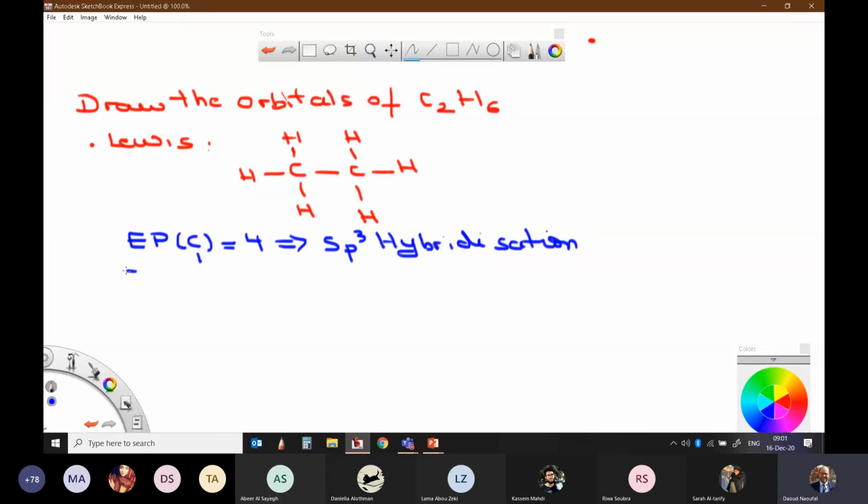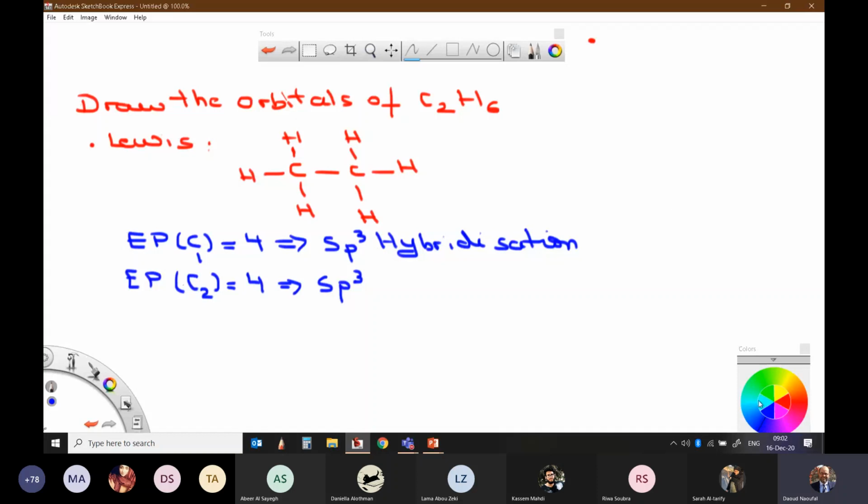And EP of the second carbon is also sp3.